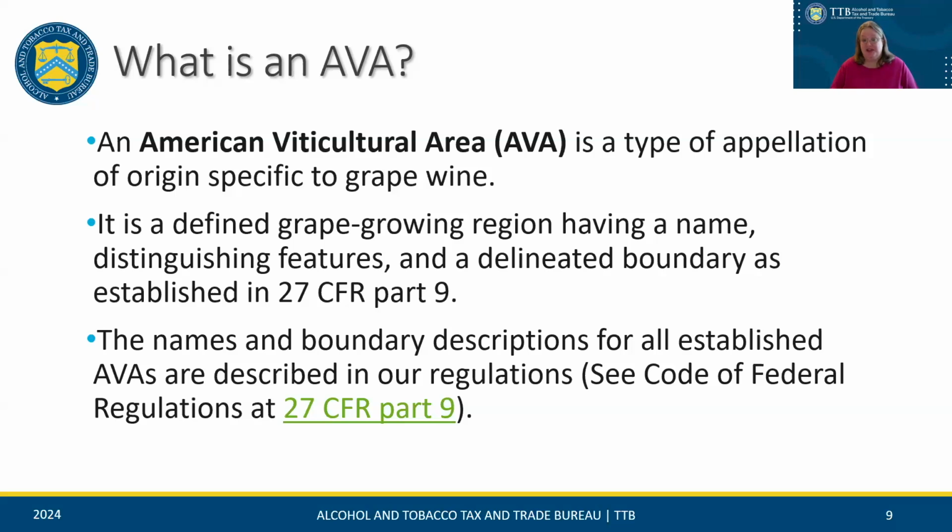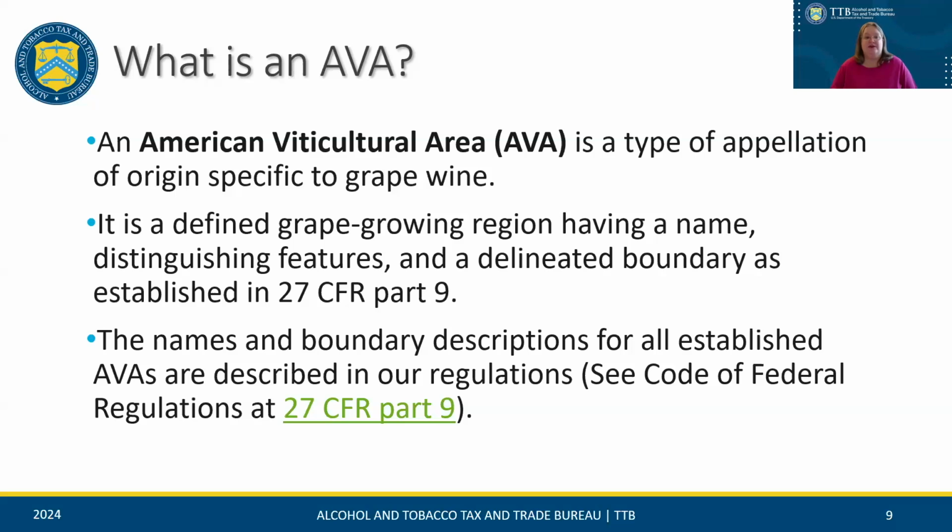So we've seen that AVAs are different from state and county appellations of origin, but what exactly is an AVA? Well, an AVA is a type of appellation of origin that's specific to grape wine. You can use state and county names as appellations of origin on any other kind of fruit or agricultural product wine. You can only use AVAs on grape wine.